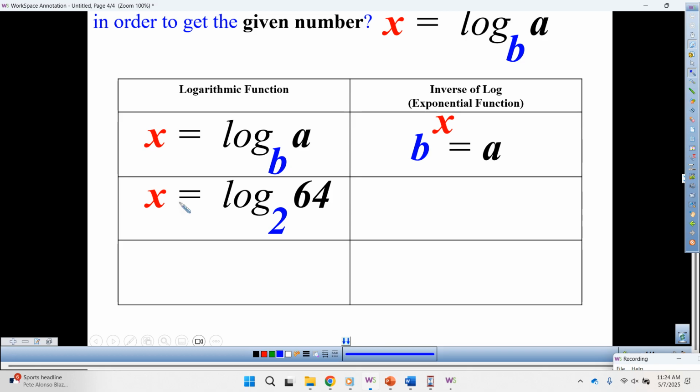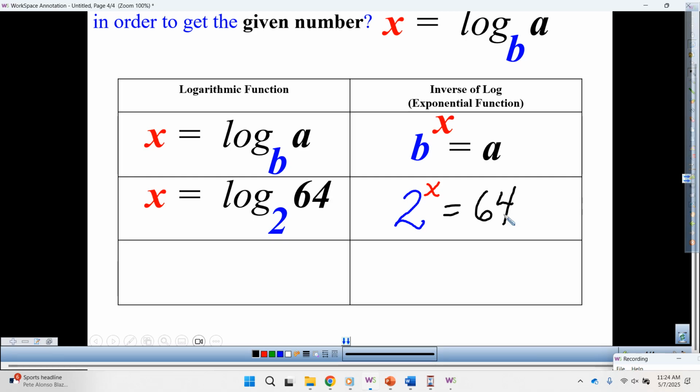We need to change this log into an exponential. Tell your neighbor what the base is of this log. 2, that is correct. What is our exponent? X. And what is the given number that we need to find? 64 is correct. So we just transformed a log into an exponential function.